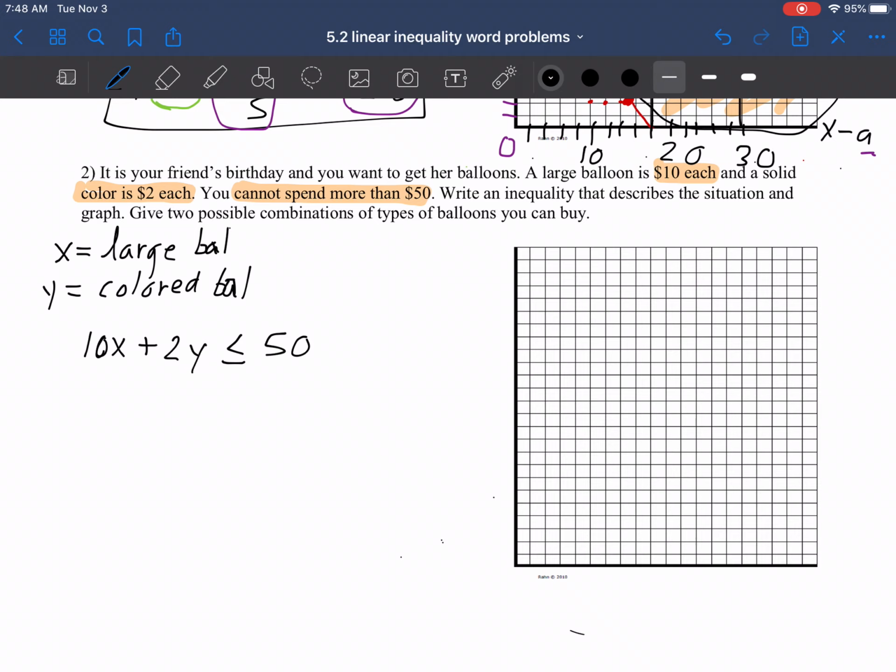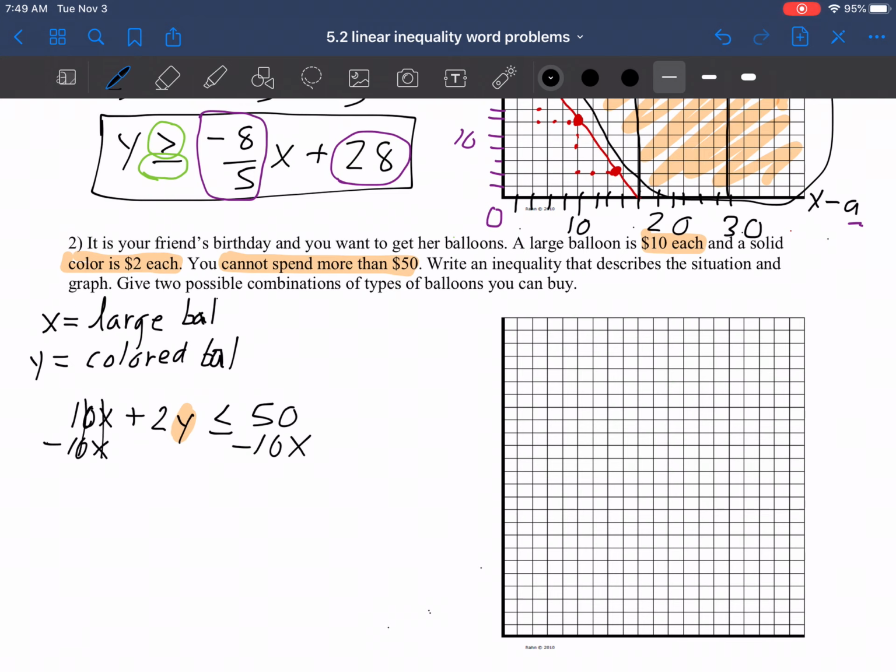The next thing you want to do is just solve this inequality. Again, like we talked about before, you're going to solve this inequality by trying to isolate this Y value right here. You're going to have to subtract that 10x out on this side, but that's going to make you subtract it on this side. So this 10x and this negative 10x will cancel each other.